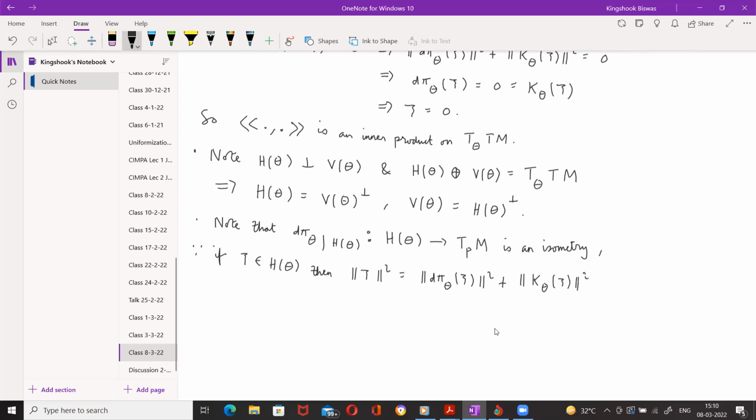And if xi is horizontal then k theta xi is 0. So this becomes just the norm of d pi theta xi squared. So that means d pi theta is an isometry when restricted to the horizontal subspace, right?